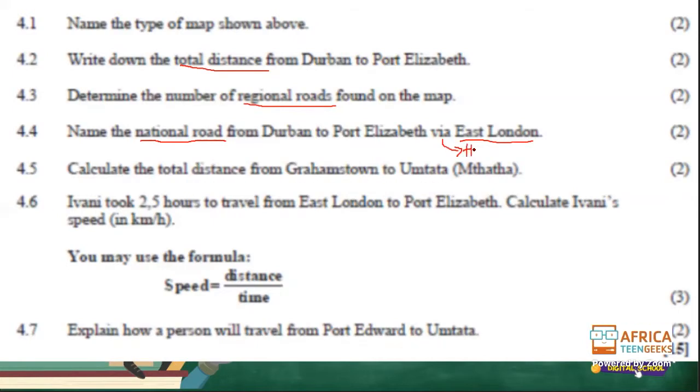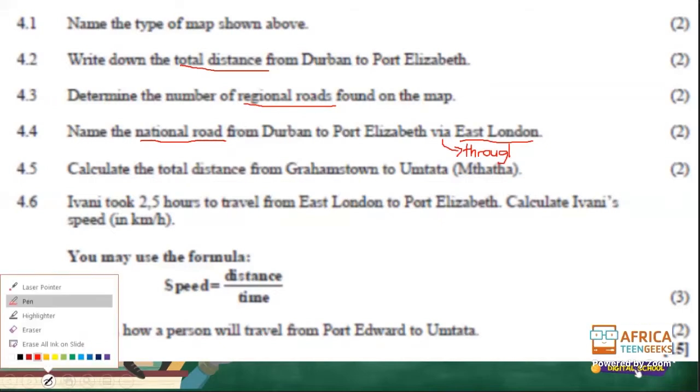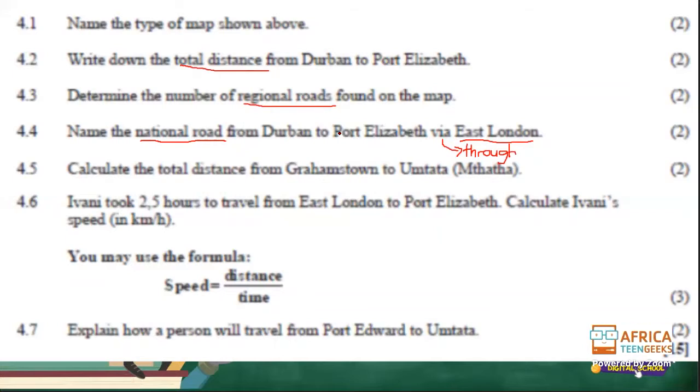You're going past East London. What is the name of the national road passing East London?